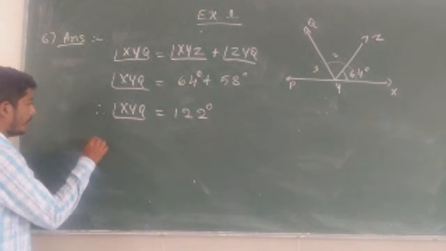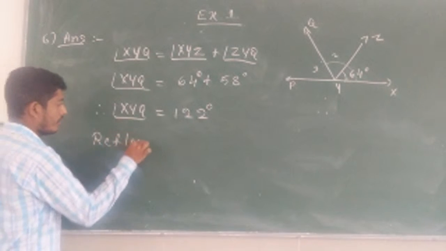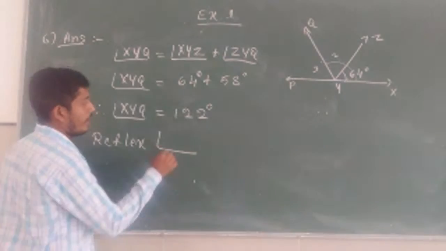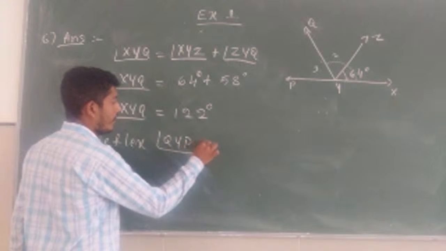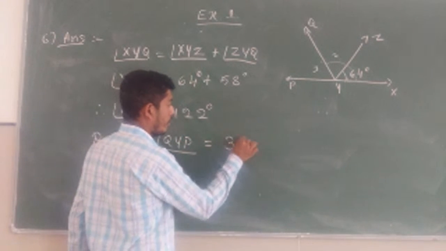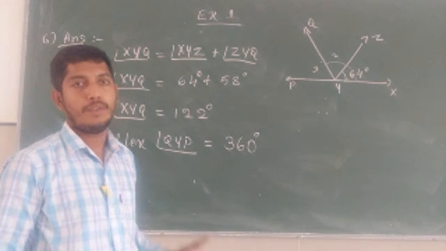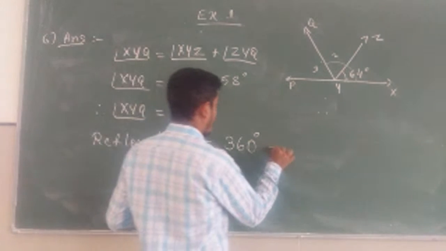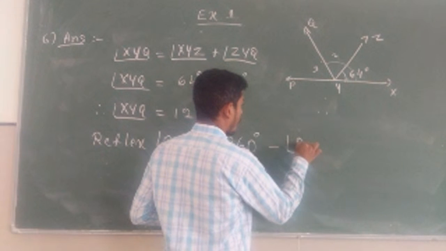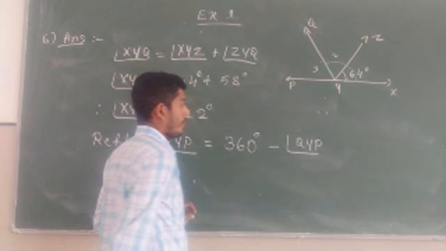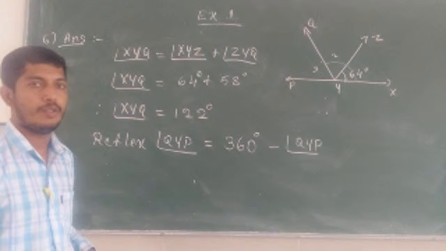In that green part, the reflex of angle QYP is what I told you: we have to subtract that particular angle from 360, 360 minus angle QYP. Now substitute the values and comment the answer.